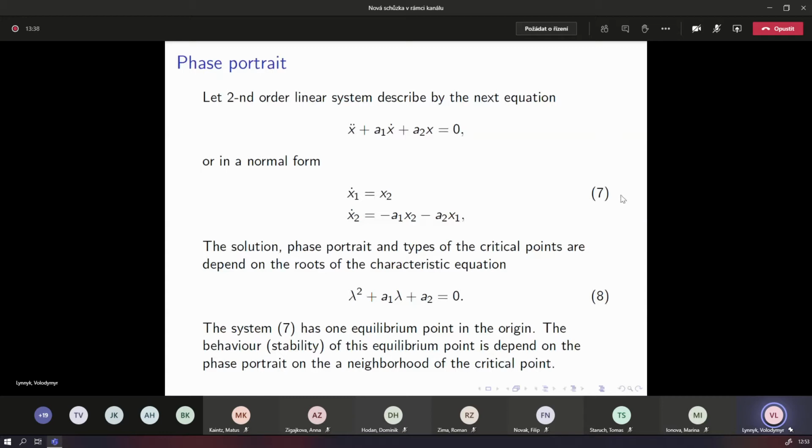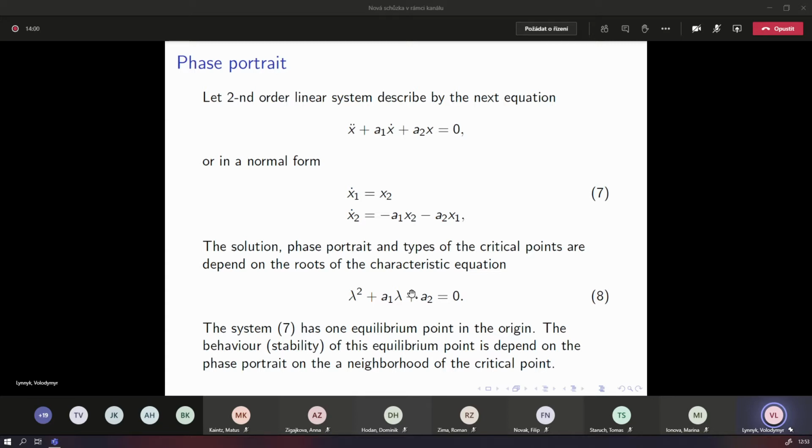The solution, phase portrait, and types of the critical points depend on the roots of the characteristic equation lambda squared plus a1 lambda plus a2 equal to 0, and system 7 has one equilibrium point at the origin.